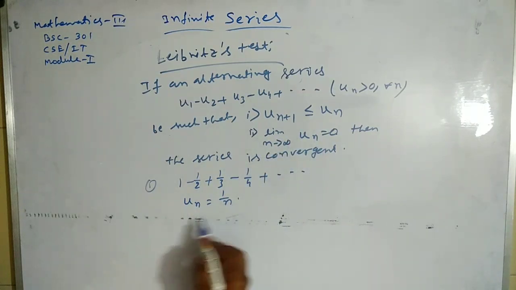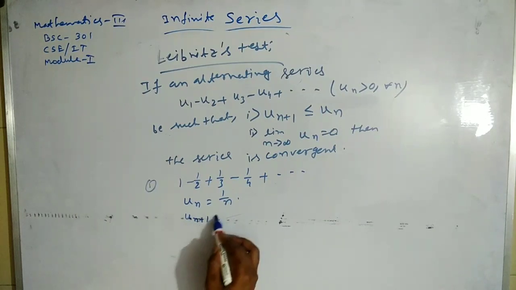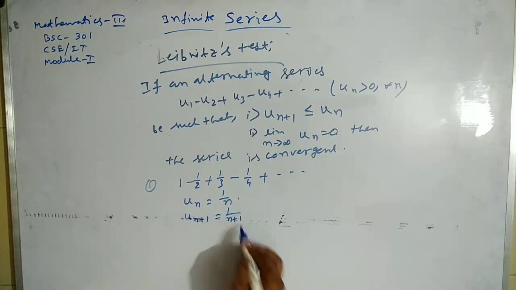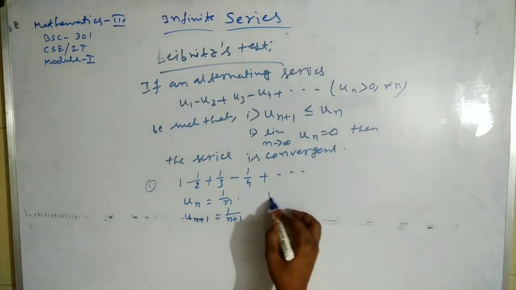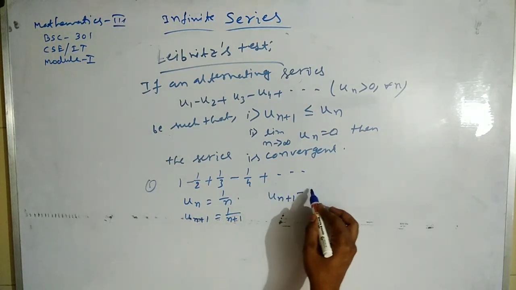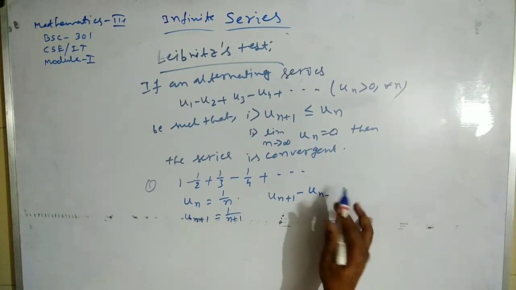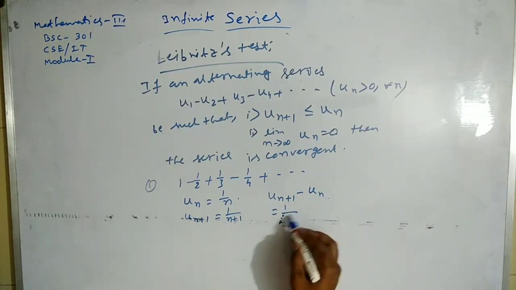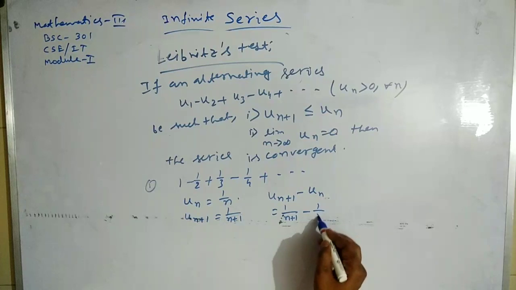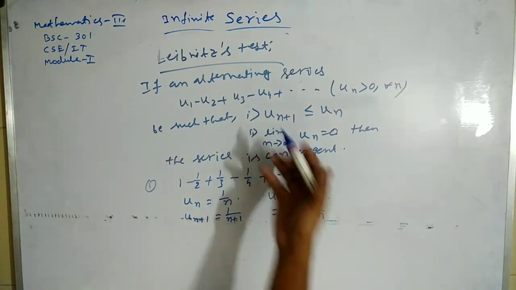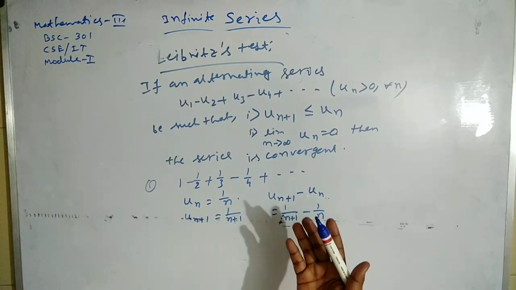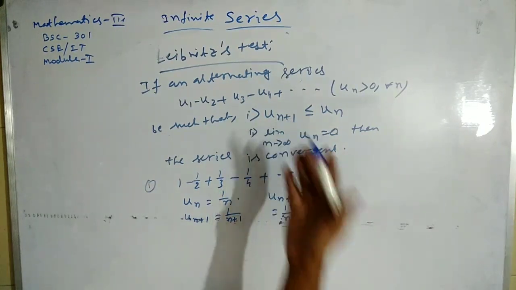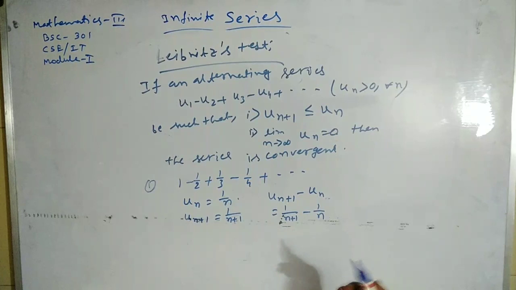If un is 1 by n, then un plus 1 is 1 by n plus 1. Now we are subtracting un from un plus 1, that is 1 by n plus 1 minus 1 by n. We are doing this to check the first condition. If it is negative, then we can say that un plus 1 is less than or equal to un.